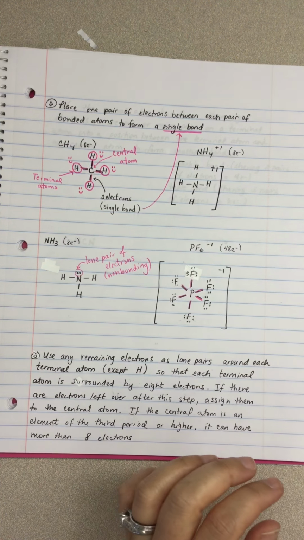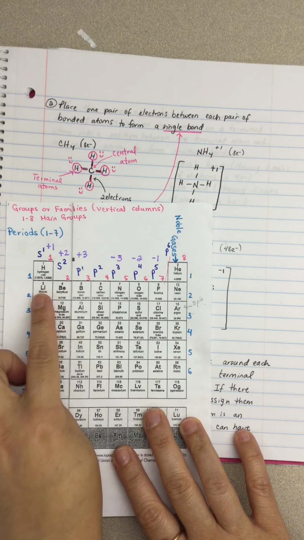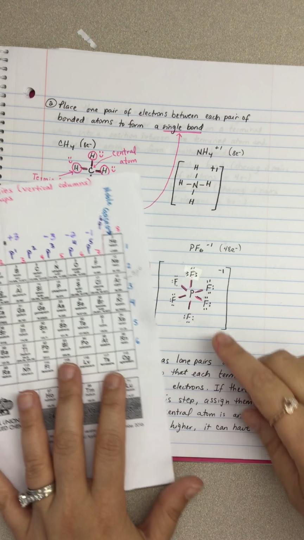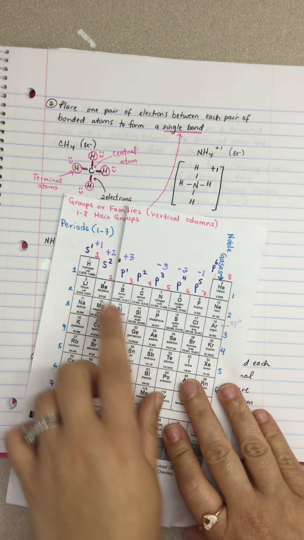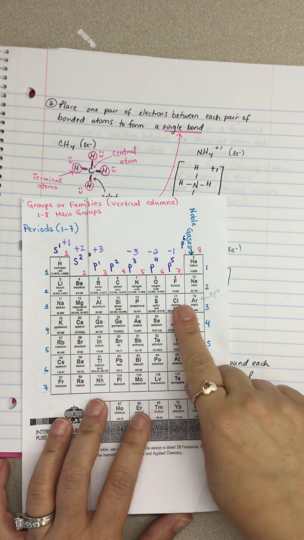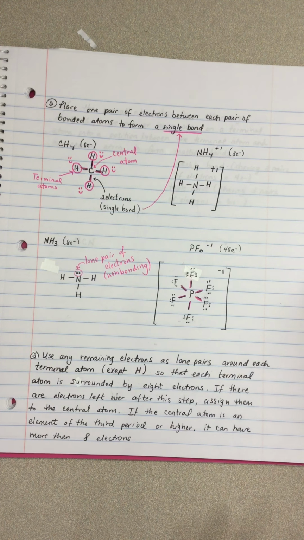Nitrogen and carbon, both of them are in the second period right here. So for nitrogen and carbon, you need to have an octet with 8 electrons. Something like this cannot happen with the elements in this second period. It can happen with something in the third or anything higher than that, but not with elements like nitrogen or carbon.